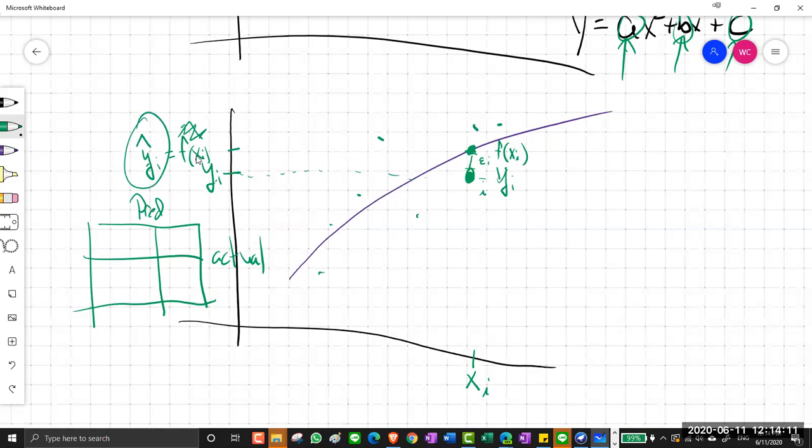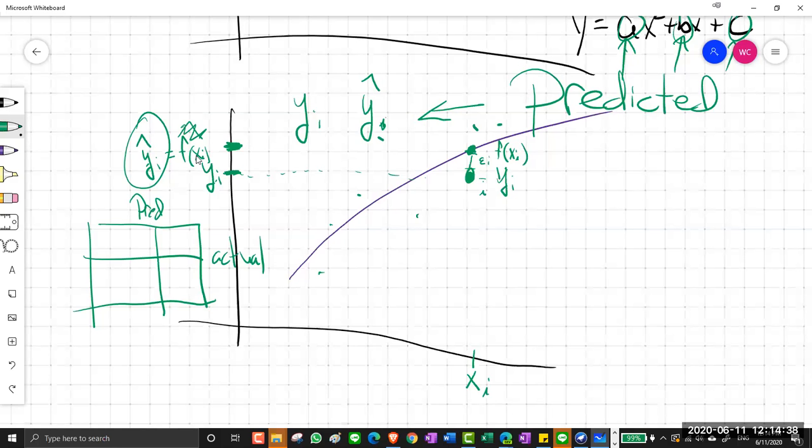But anyway, what's the difference between yi and yi hat? That's what I want you to know. So here's yi, and here's what we call yi hat. Okay, does everyone understand? So yi hat is what? The predicted value of the height, okay?